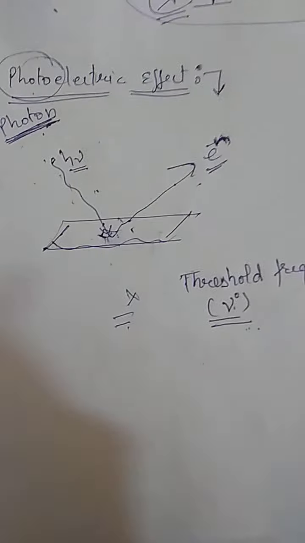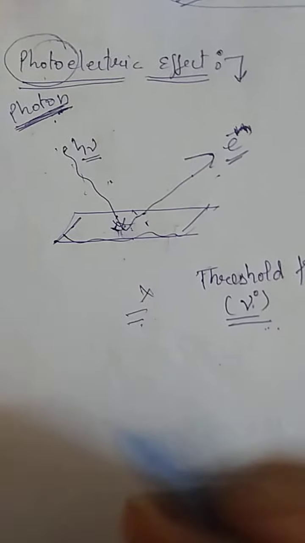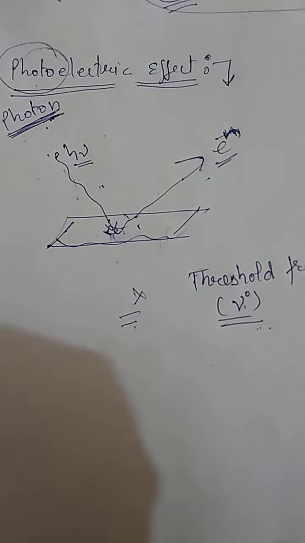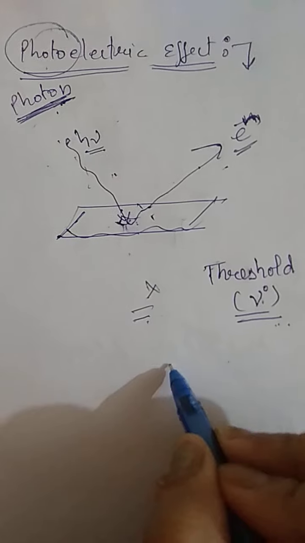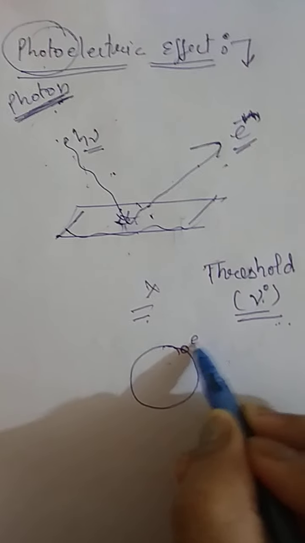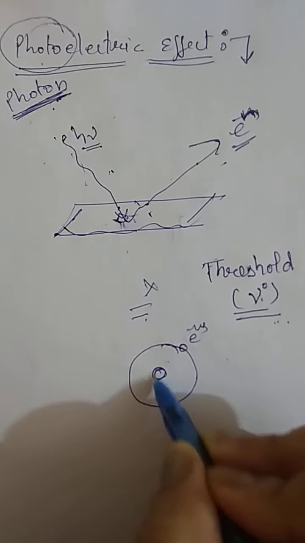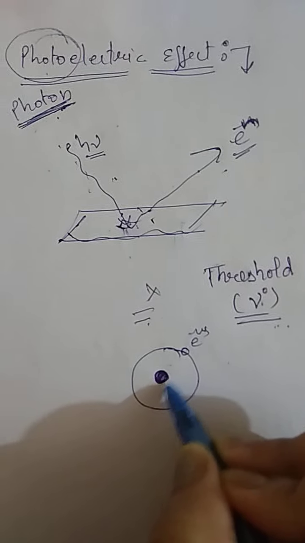And we know that in a metal there are atoms, in which electrons are revolving around the nucleus.